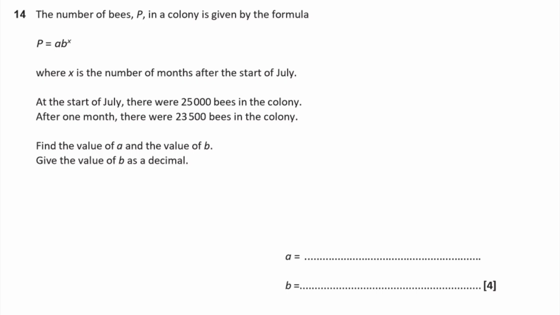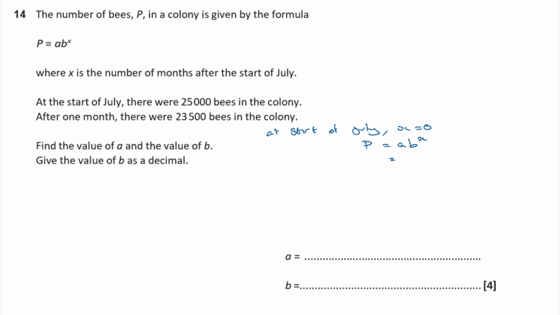So I guess what we can say is at the start of July, x equals, how many months has it been from the start of July? At the start of July, x is going to be 0, isn't it? So we know then that P, the population in the colony, equals A lots of B to the power of x.